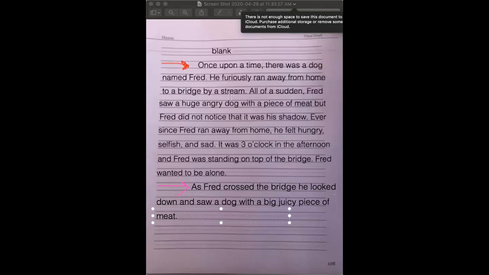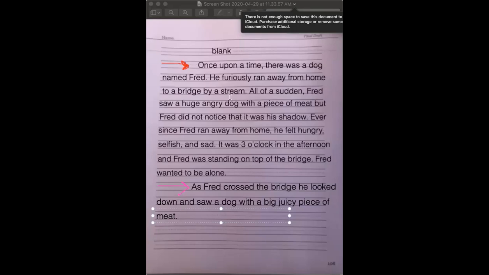Period. And the next one, let's see what it says. Alone, bigger meat. Okay. So we're gonna add another sentence to help us connect them together, okay? As Fred crossed the bridge, he looked down and saw a dog with a big, juicy piece of meat.